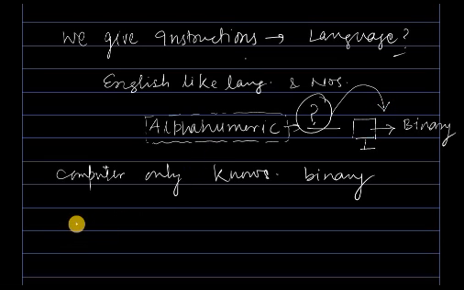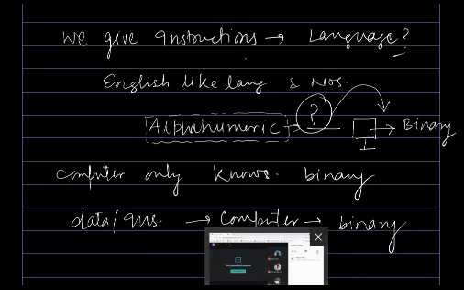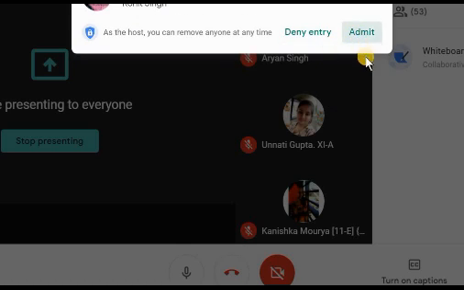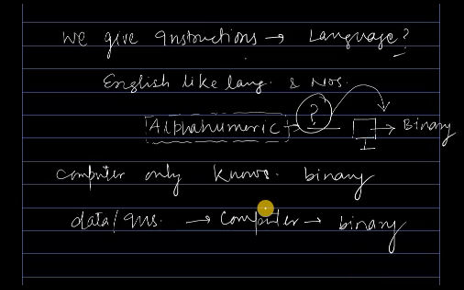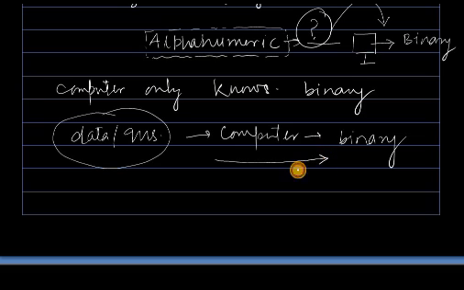So whatever data or instructions you provide to the computer must be of binary type. And since binary is not our language, it would be very hard for us to understand binary language. So whatever data and instructions we provide to the computer have to be converted into binary format.